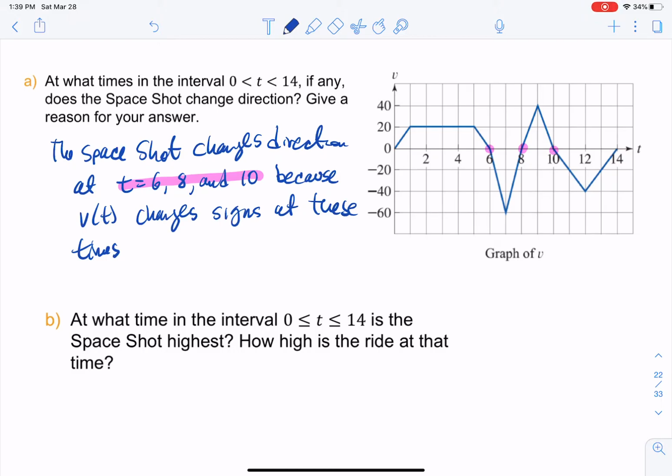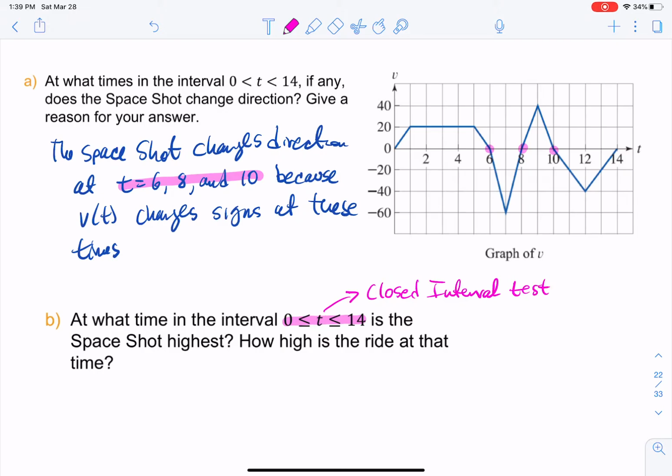Part B. At what time in the interval between 0 and 14 is the Spaceshot highest, and how high is that? So this means one and only one test, and that test is the closed interval test, otherwise known as the candidates test.